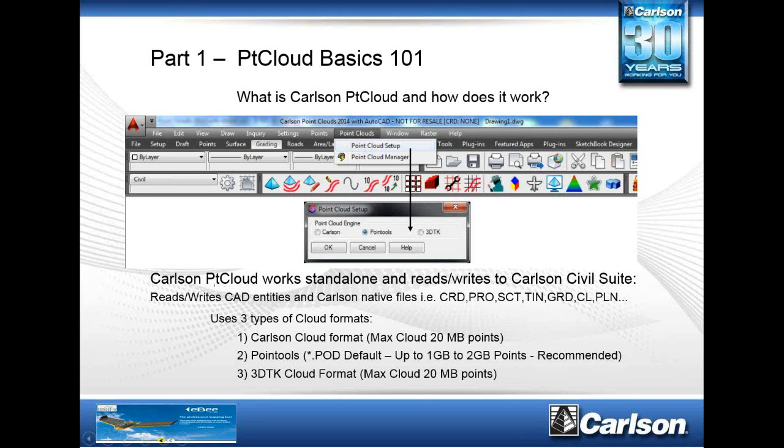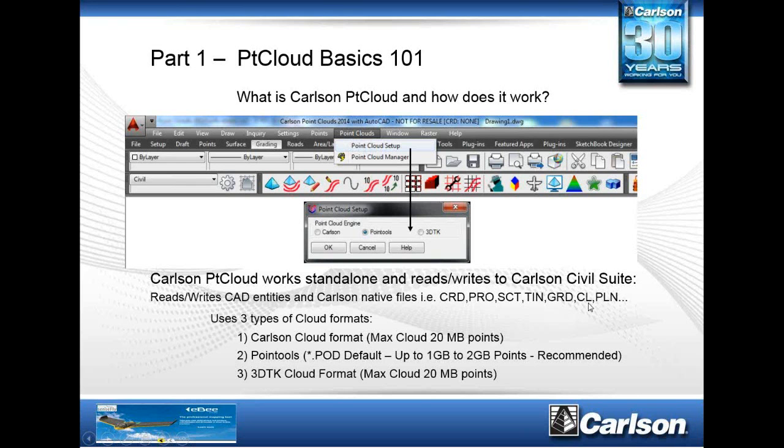Carlson Point Cloud works standalone and reads and writes to Carlson Civil Suite. That's our office software working in AutoCAD or IntelliCAD. The read and write functions work with CAD entities in AutoCAD and IntelliCAD, and obviously with Carlson native files, which I have listed here: coordinate files, CRD, our profiles, cross-sections, TIN, grid for modeling, and center lines, and PLN files.